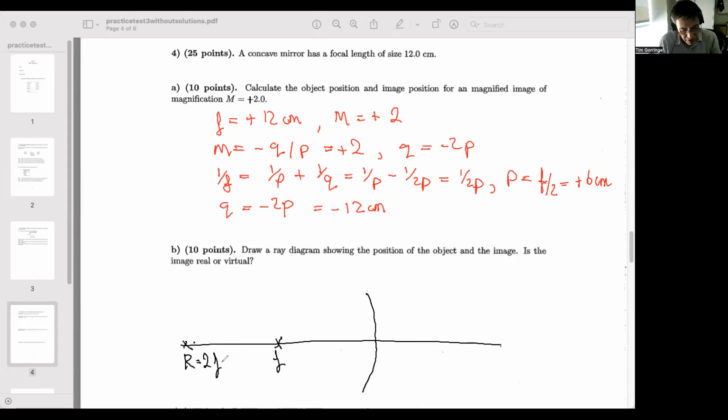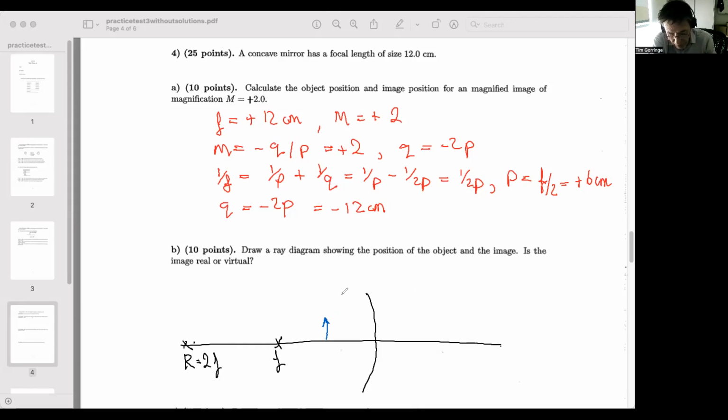And then let's start adding the image and the object and the rays. Specifically, we're going to start by adding the object. So the object was located at 6 centimeters in front of the mirror, so approximately this location here. There are several rays we can draw to sketch the formation of the image of the object.